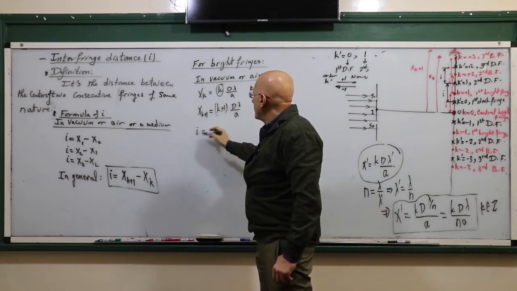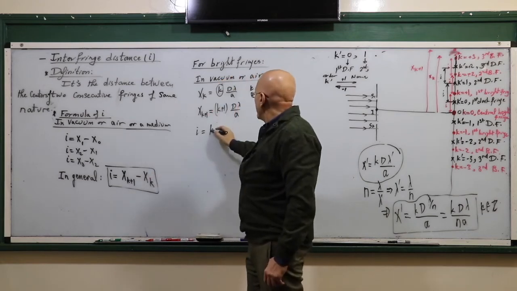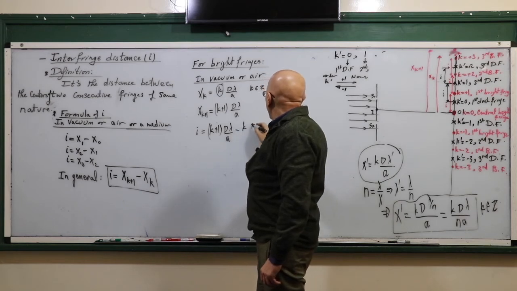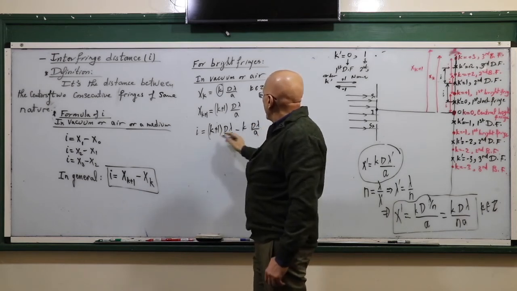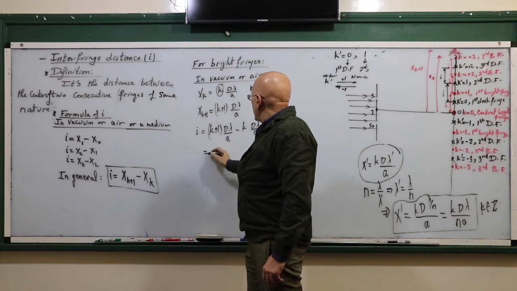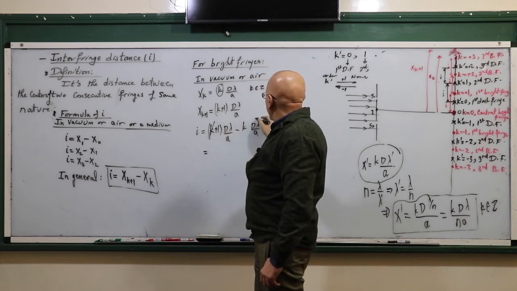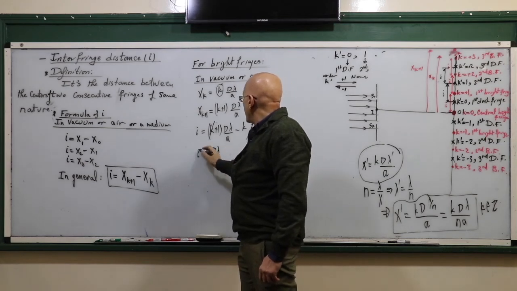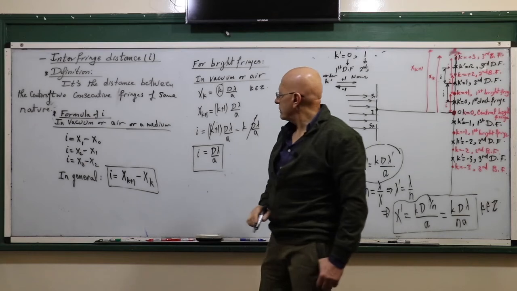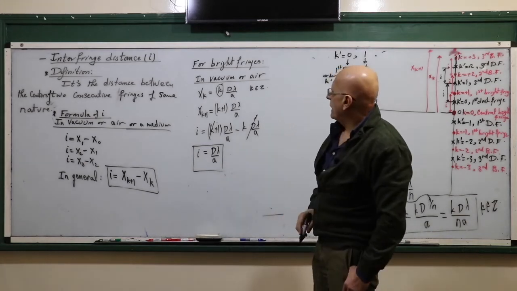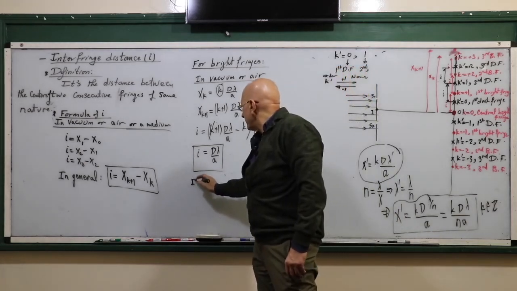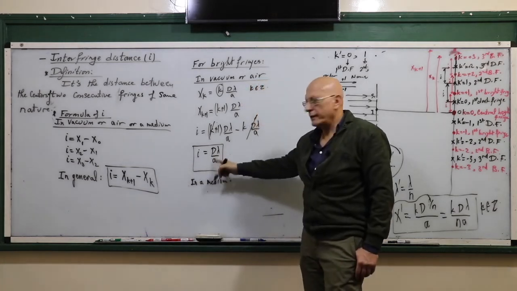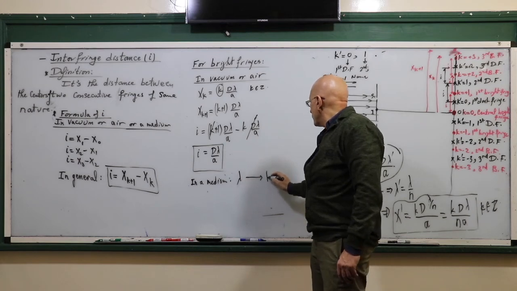So I equals x(k plus 1) minus xk gives you (k plus 1) d lambda over a minus k d lambda over a. Expand. You notice k d lambda over a cancels with k d lambda over a, and you get d lambda over a. This is d lambda over a. In a medium, what happens? Same, d constant, a constant, lambda changes to lambda prime.